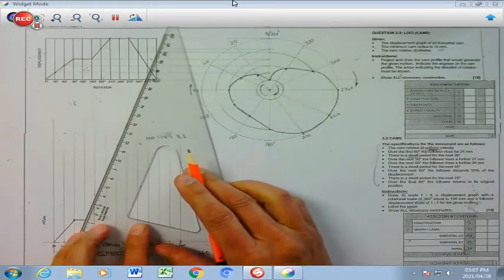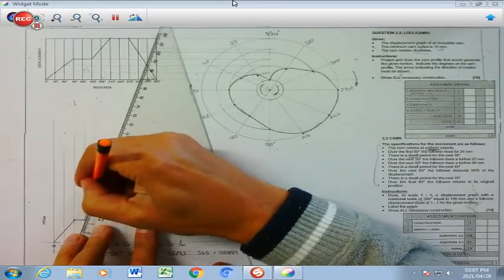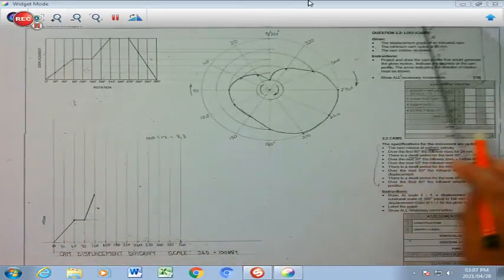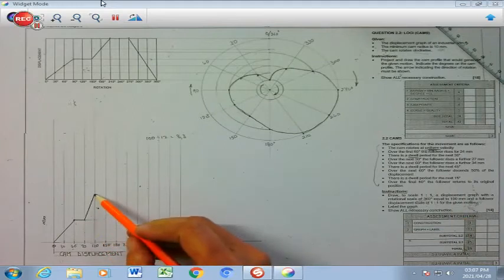I'm going to draw a uniform line from there to there, as my bulleted point stated, from the 90, another 30 to 120, it rises another 27.